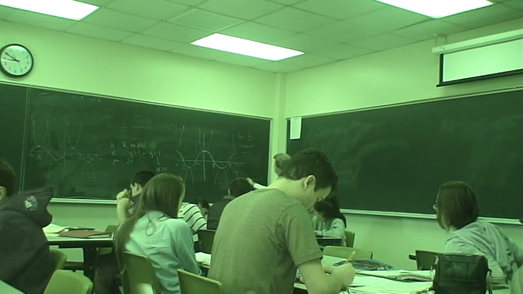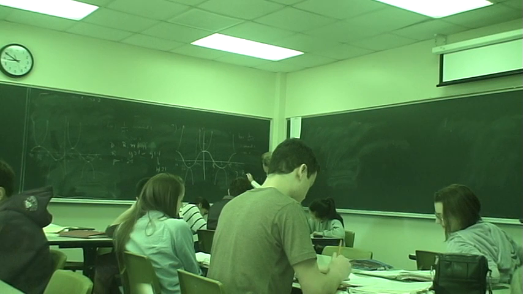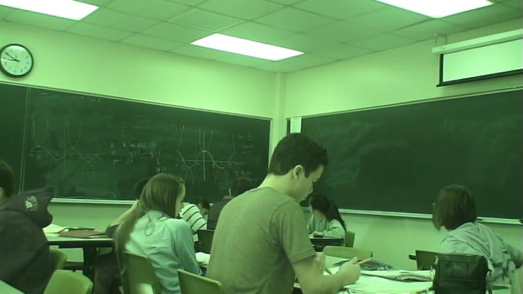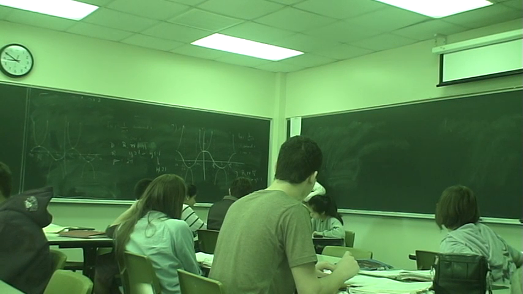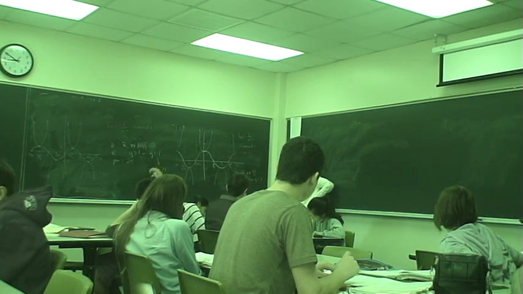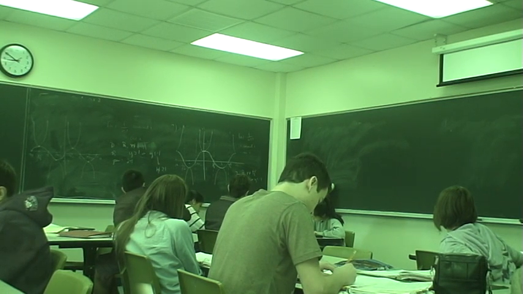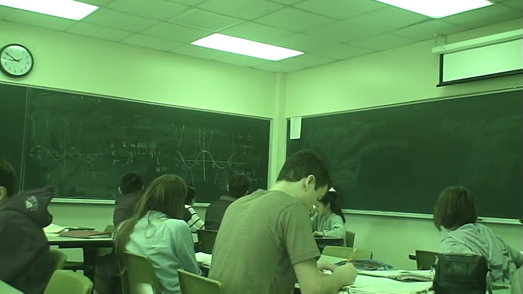The domain is all real numbers, and x is not equal to k pi over 2. What do you think? I don't like it because if k is 2, then you have that x is not equal to pi.